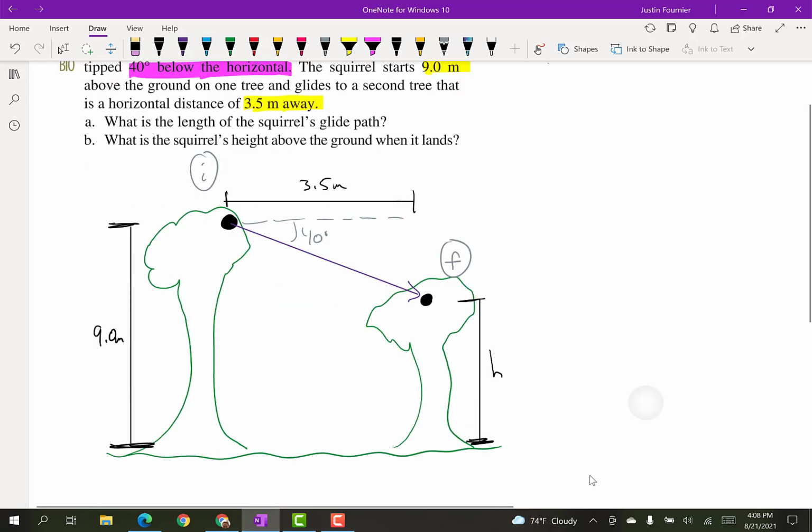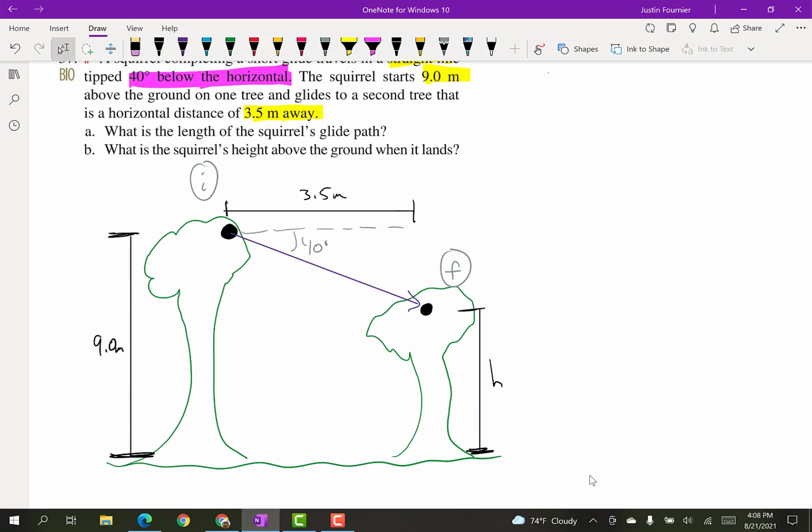All right, let's go ahead and solve this problem. What is the length of the squirrel's glide path? Basically I'm looking for the displacement, which is this right here. That's my displacement, and I'm trying to find out exactly what that is. I could use some trigonometry here, because I have basically a triangle.